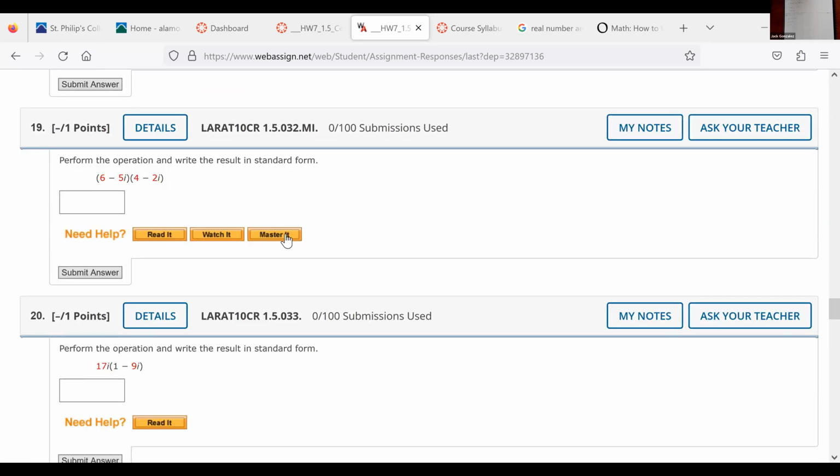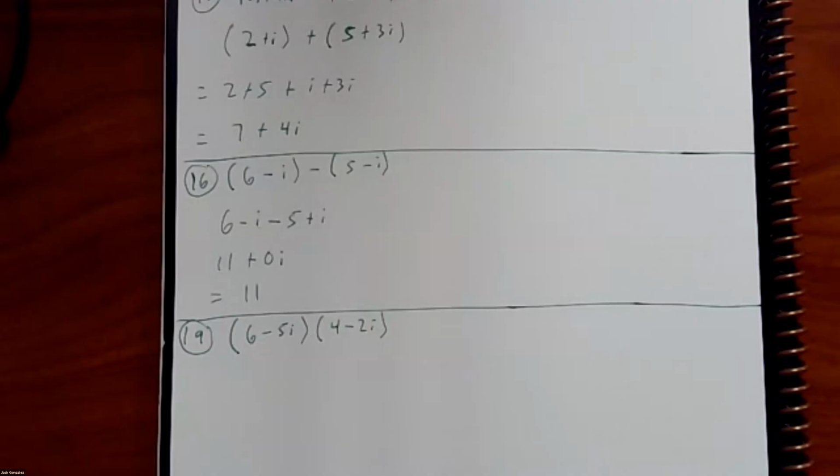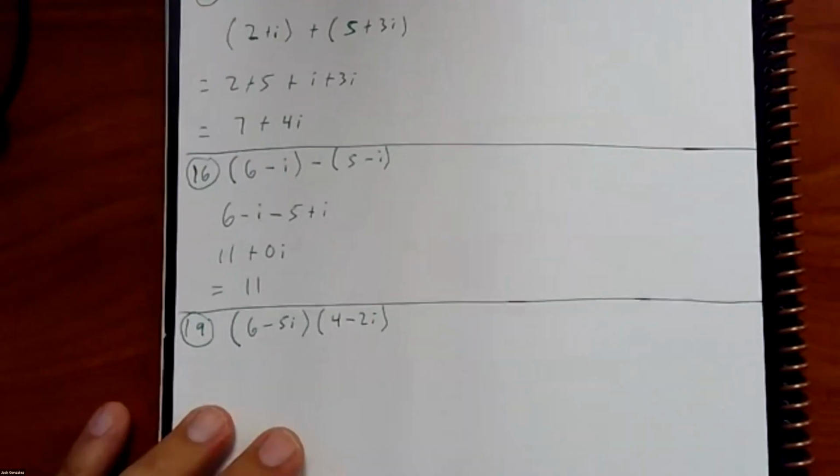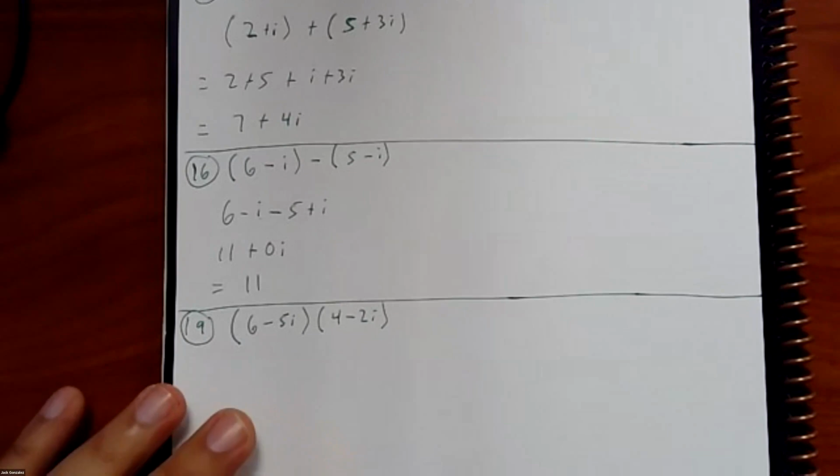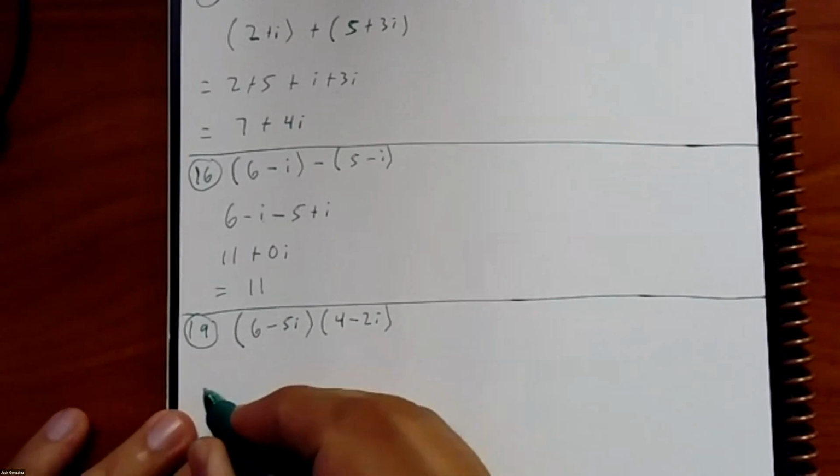Let's do one of the products. Let's do 19. Four minus 2i. All right, so just multiply it. Basic multiplication, like FOIL or box or whatever.